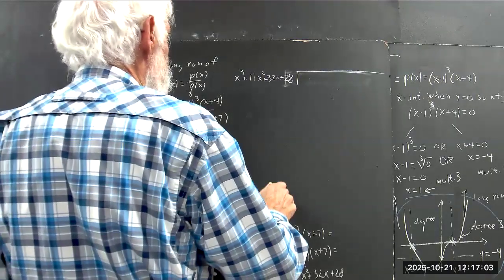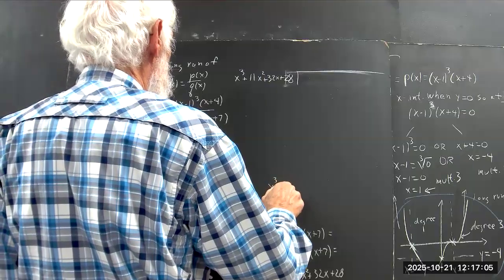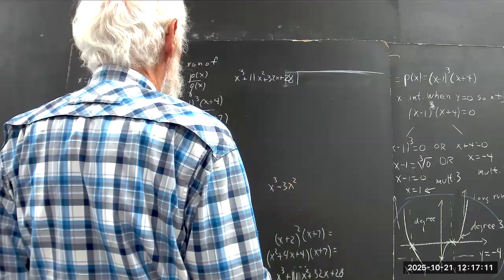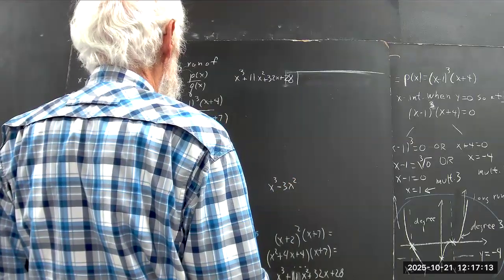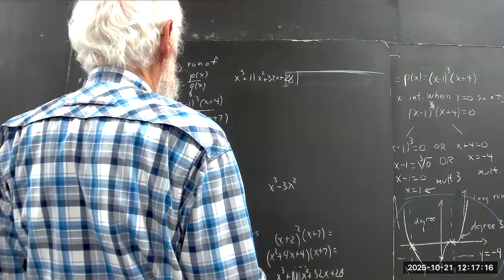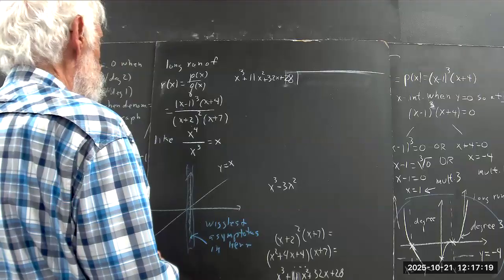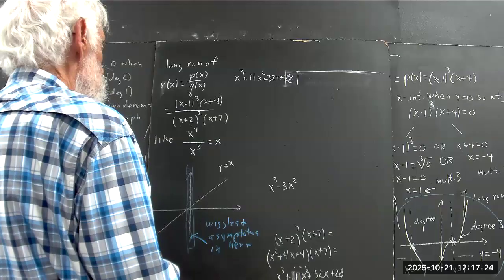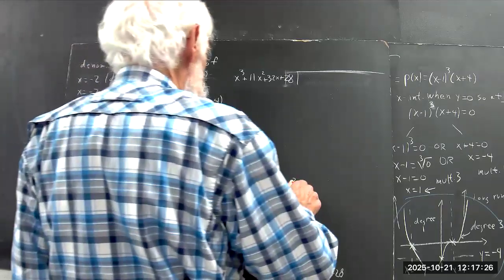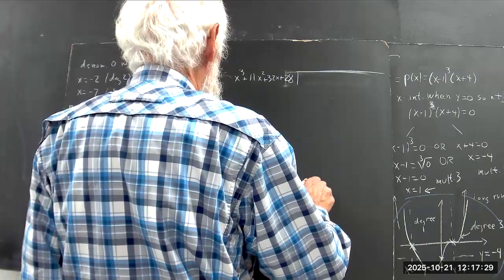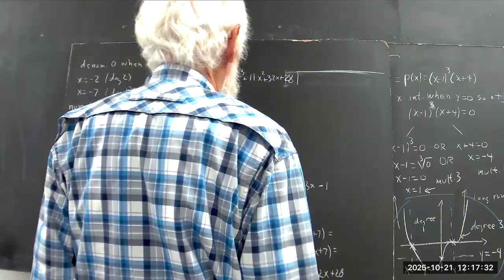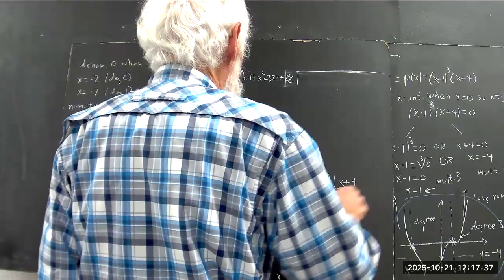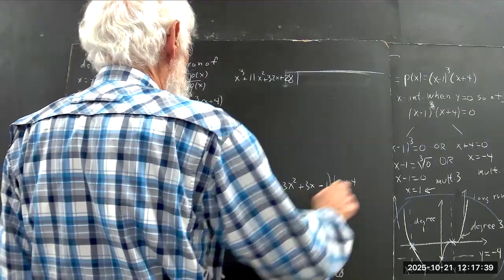Now, if we expand this, we're going to get x cubed minus 3x squared... I've got to reverse signs. Yeah, okay. Just being ignorant the way I'm looking at it. Plus 3x minus 1. And that's multiplied by x plus 4. And that gives us x to the 4th.